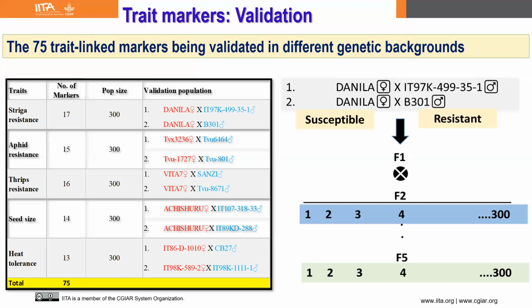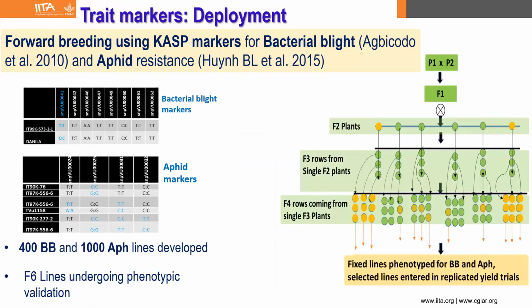So we've created about 10 different populations that we are advancing, and currently we have the F4, and at F5 or F6 we will be genotyping all these populations with the 75 markers, which are targeting different traits: Striga, aphid, thrips, seed size, seed tolerance, and we will phenotype the populations as well, because we want to check the consistency of these markers in tracking these traits before we can deploy them. And so we're moving with that process almost towards the end.